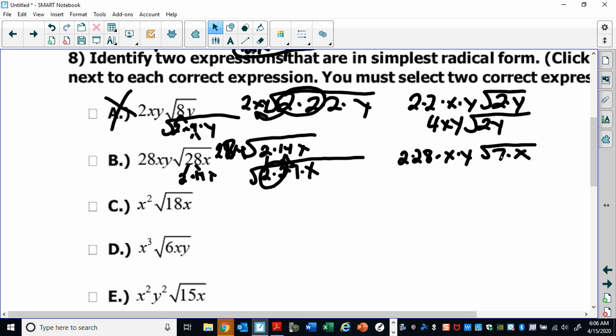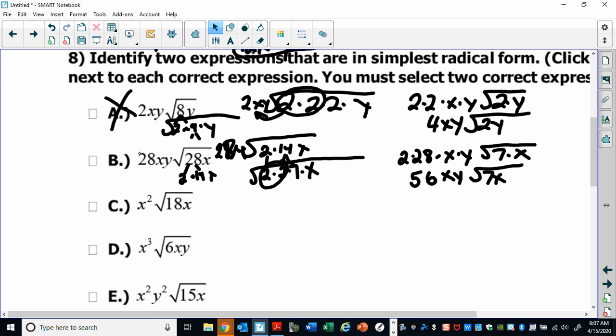Okay, now we cannot break down 7. We did break down 28 and we were able to find 2 2's. But to simplify this, we have to do 2 times 28, which is going to be 56. And that's going to give us xy times the square root of 7x. Because when you can't break down the radical anymore, you simply multiply what's left over.